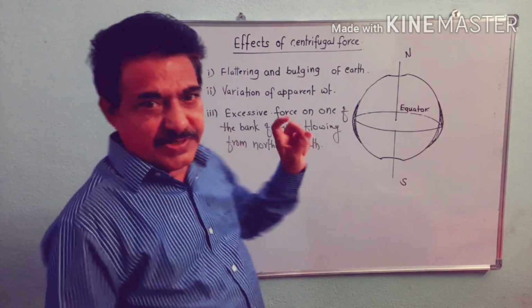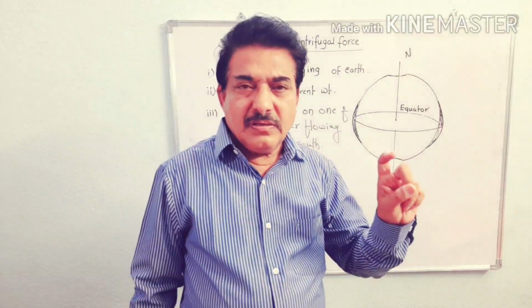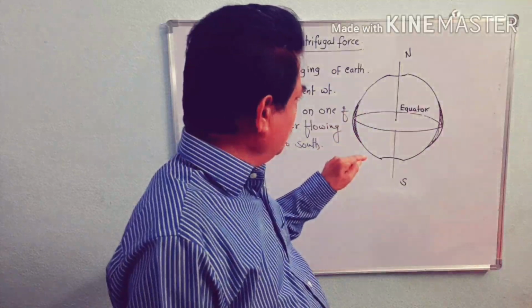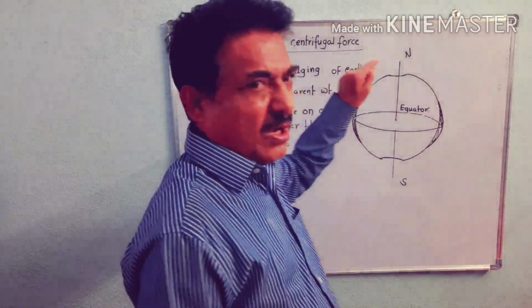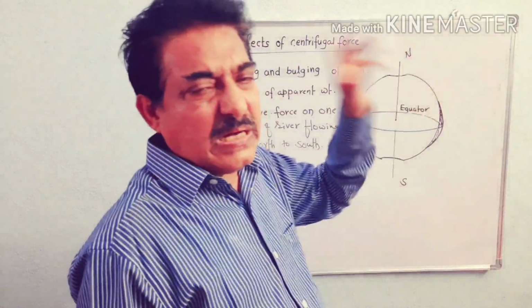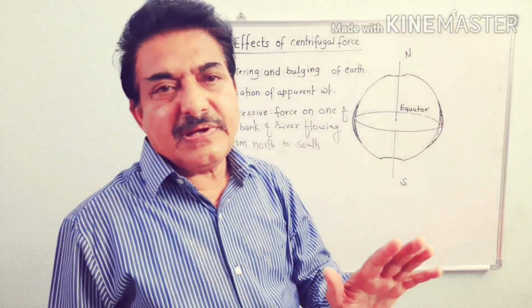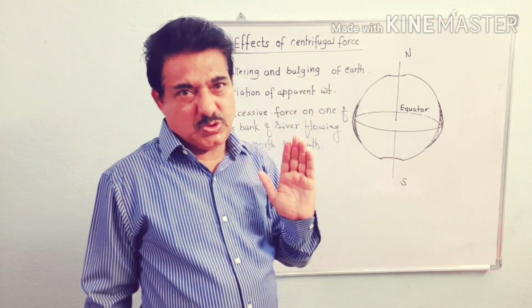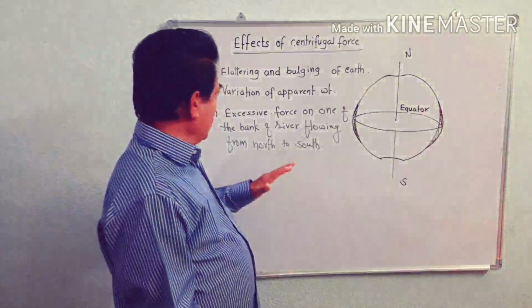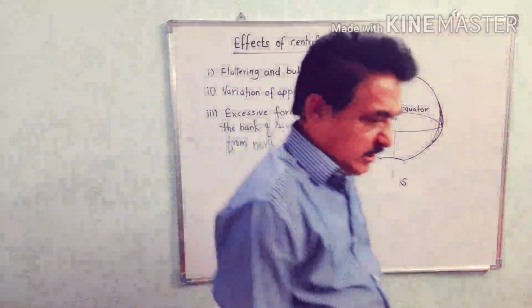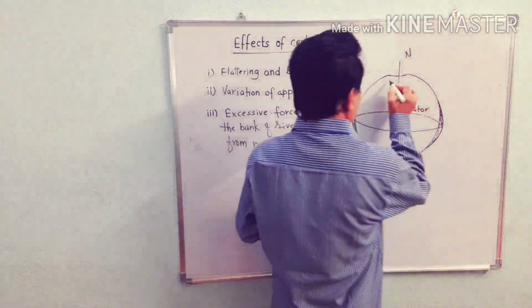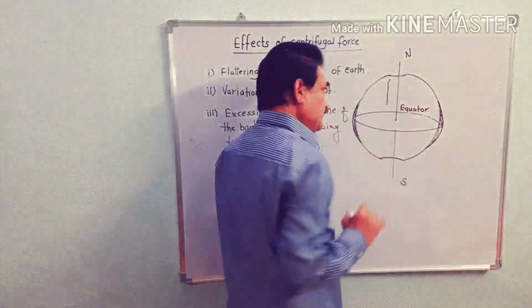And the third point: let the river be flowing from north to south or south to north. One bank of the river experiences an excessive force. So here let us suppose this river is flowing from north to south.